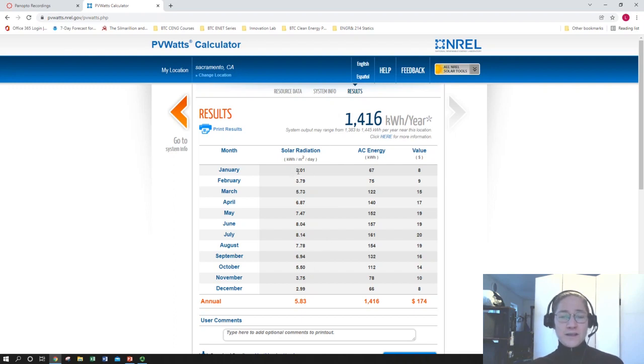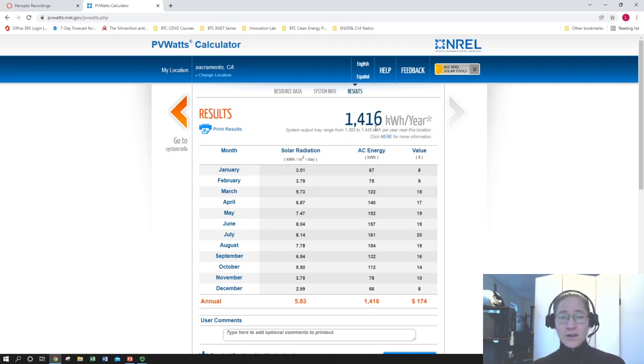And so we can see that there's a fairly big swing. We're not in the tropics, so we have a lot more solar radiation during the summer months than we do during the winter, probably a factor of more than double.